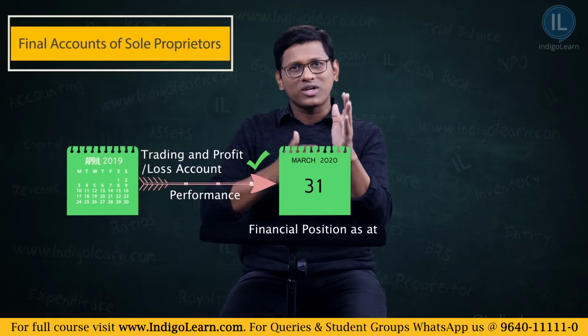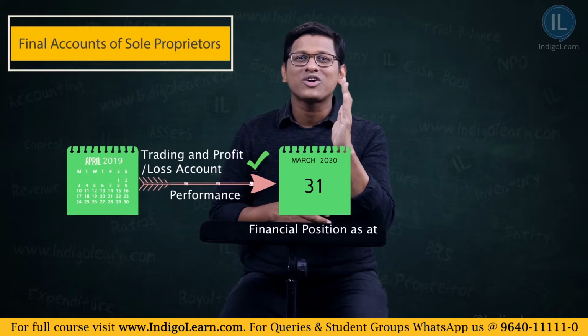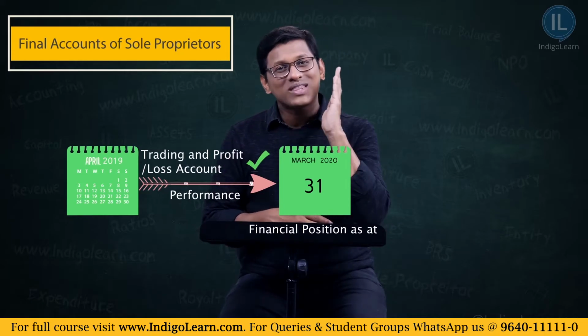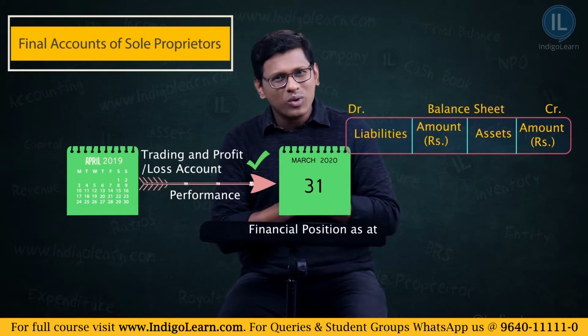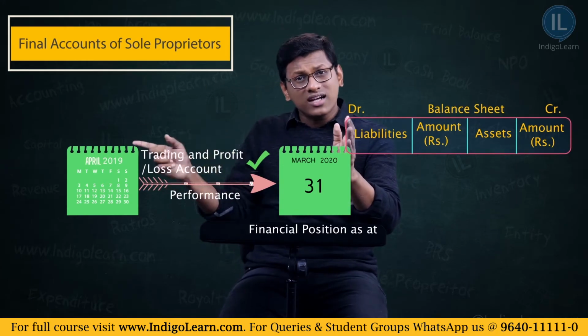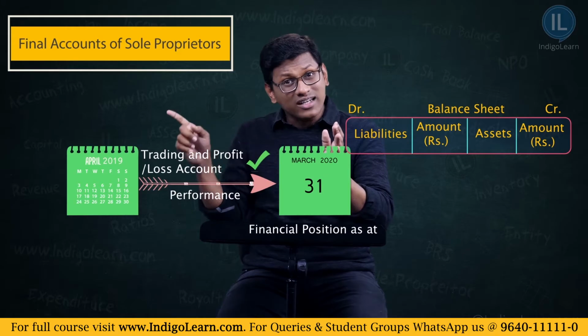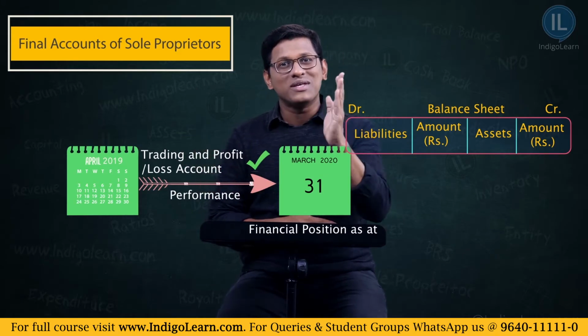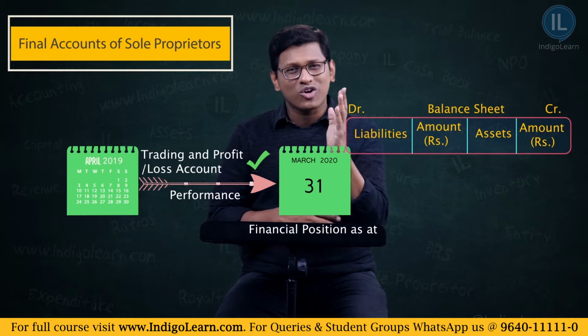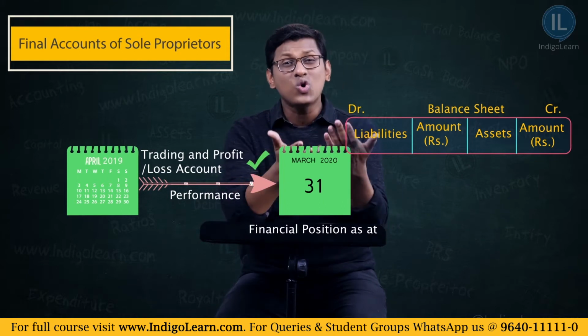That is what we call financial position. So, that will be reflected in something called the balance sheet. So, in the balance sheet what happens? From the starting of business till now, what all did we achieve will be there in the financial position, called financial position reflected through the balance sheet.